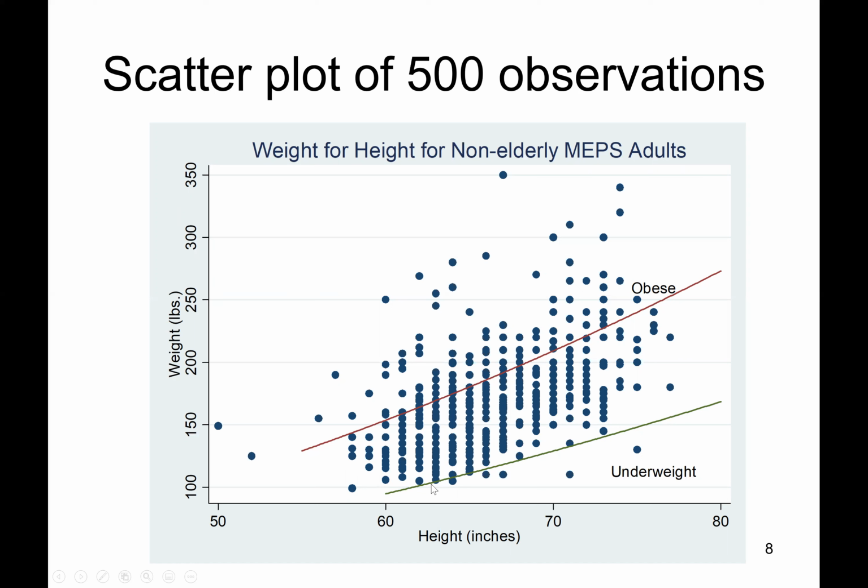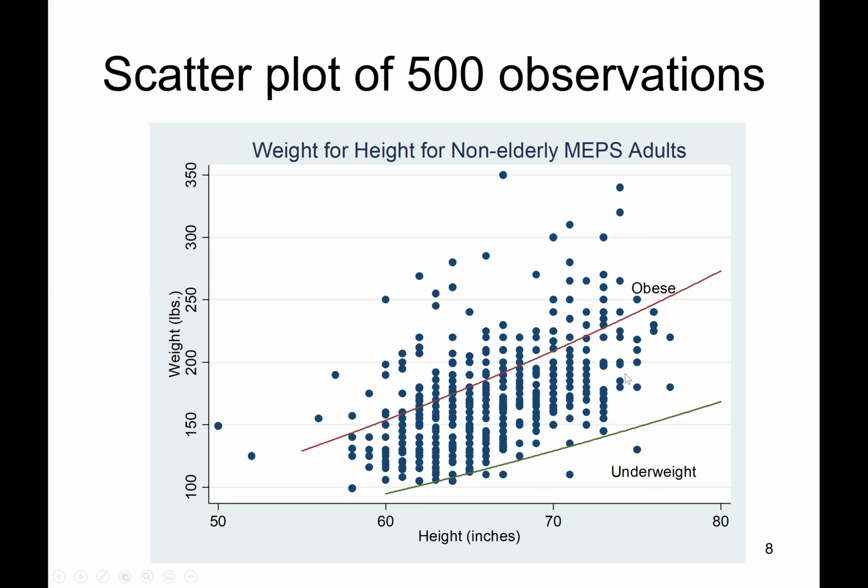The green line on the lower end here is an underweight line. So those below this line are listed as underweight as classified by BMI, or body mass index. And this upper line here represents anyone who's north of this line would be listed as obese as calculated by BMI.